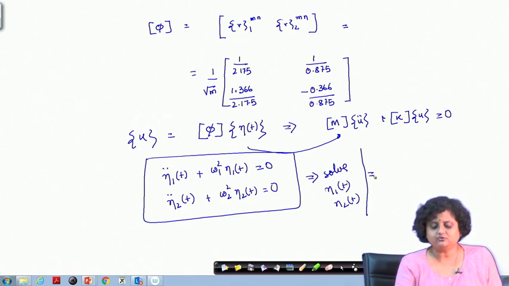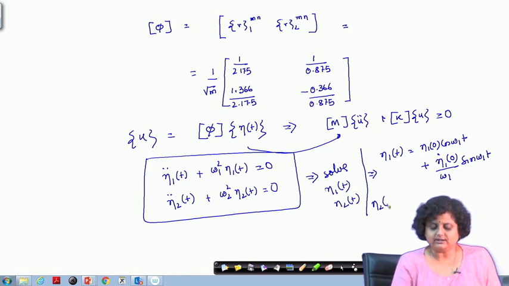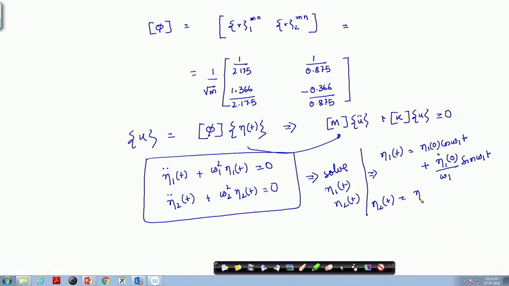The solution of these two equations is eta 1 t equals eta 1 0 cos omega 1 t plus eta 1 dot 0 by omega 1 sin omega 1 t, and eta 2 t is eta 2 0 into cos omega 2 t plus eta 2 dot 0 by omega 2 sin omega 2 t.